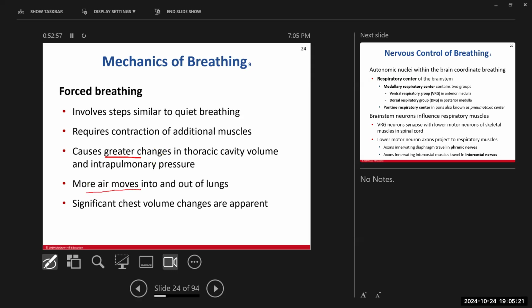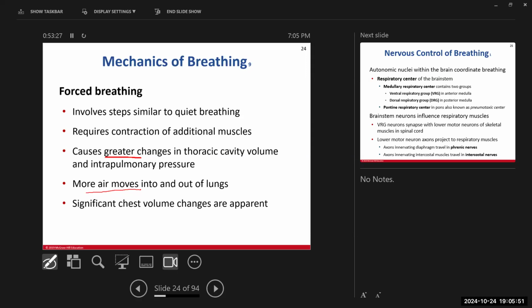That sounds familiar. Doesn't that sound familiar? Didn't we see a concept like that before? You know where I'm going with this. Blood flow. Remember when we changed the pressure gradient? Remember, flow is equal to delta P divided by resistance. So if you change your pressure gradient for airflow, you're going to change the amount of air that moves in and out of the lungs.